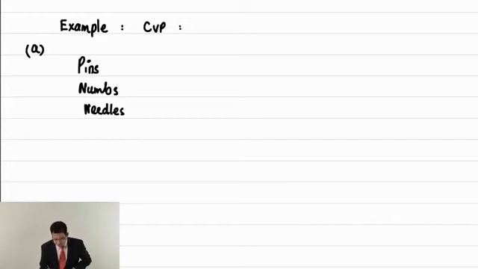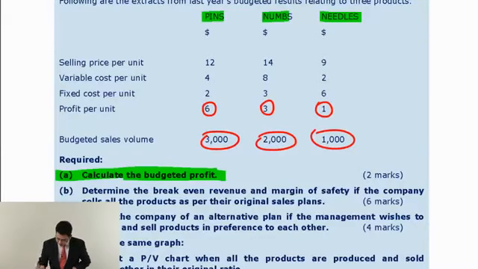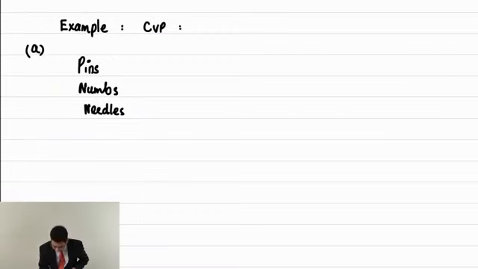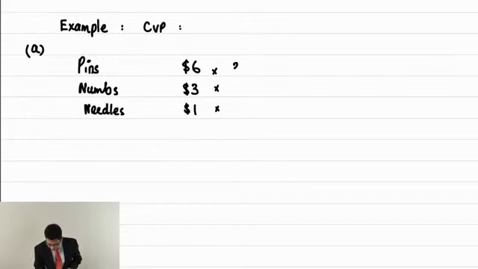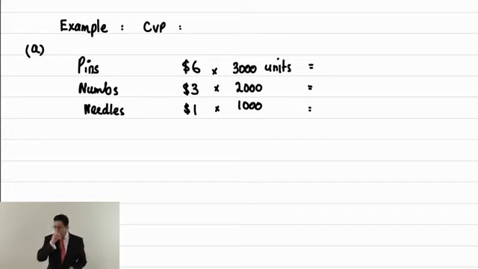The profits of 3 products are given, just need to pull them out, 6, 3 and 1, and multiply them by the volumes 2000, 3000, 2000 and 1000. For 2 marks, that's the maximum I can do, and you should be doing in exams as well.